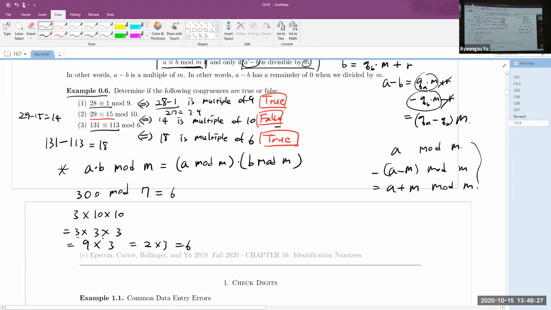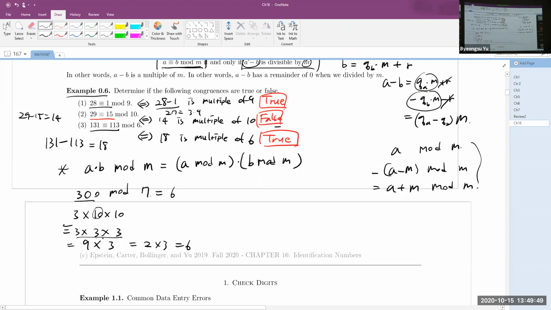right? So there are two ways to do it. The first way is just to divide 300 by 7. But if you know the factors, then you can just take the mod of these factors. So the factor 10 mod 7 is 3, so you can change it to 3.